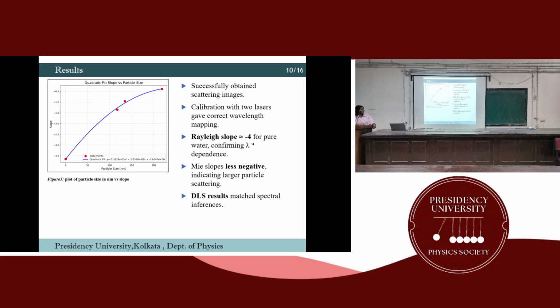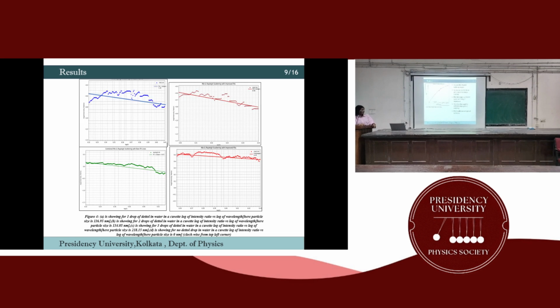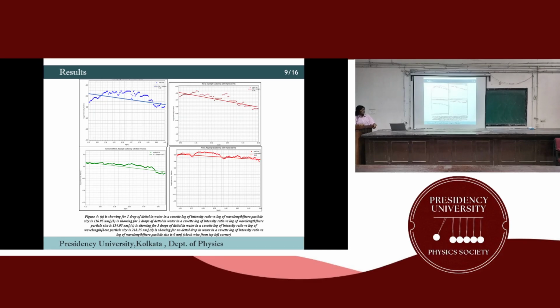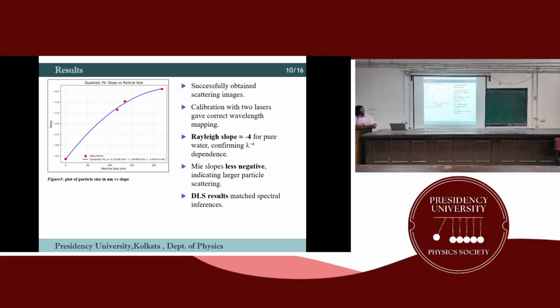Then for a particle size of 116, I have gotten the slope minus 1.35, and then the size is 134.05 nanometer. I have gotten the slope around minus 0.96 for a particle size of 218.15 nanometer, and then the value is around minus 0.35.